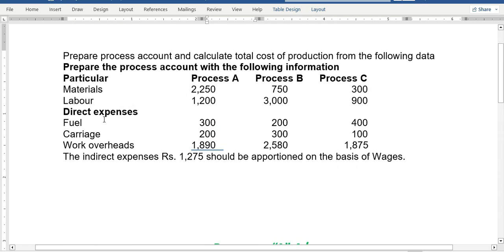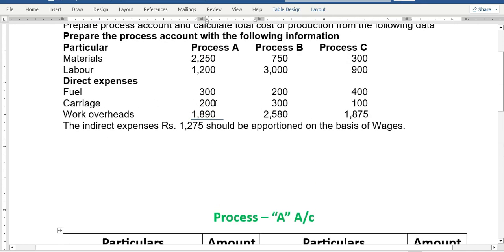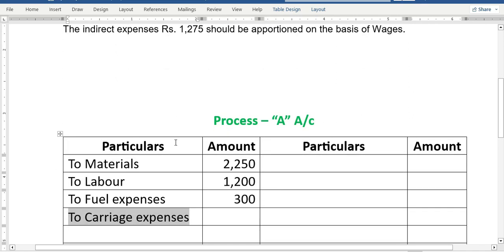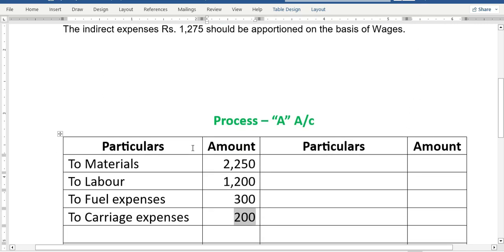Next is fuel, 300 rupees. Next is carriage, 200 rupees. Next is work overheads, which is 1980.